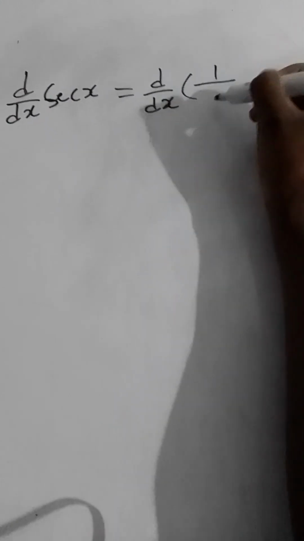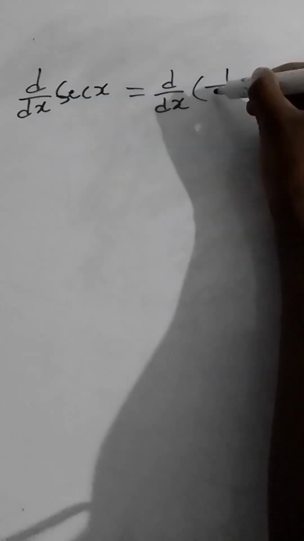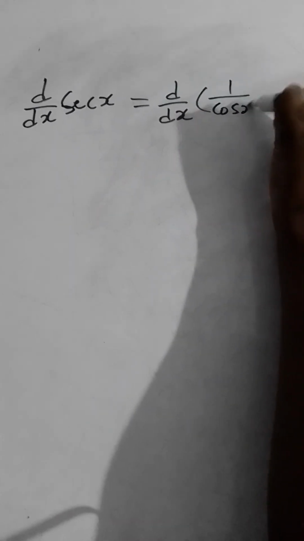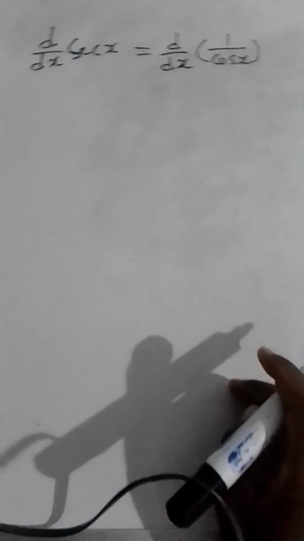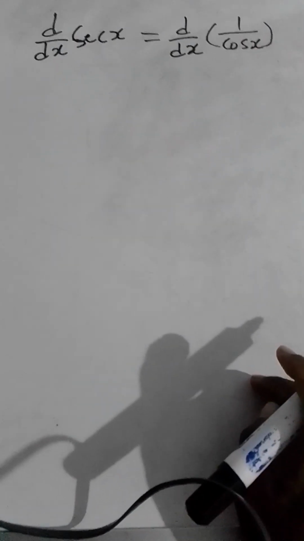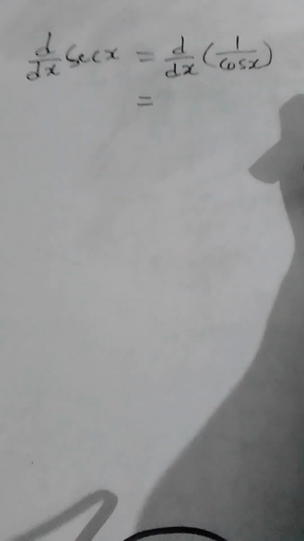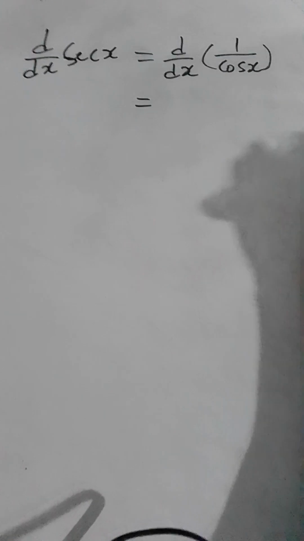If you remember reciprocal identities from grade 10, sec is 1 over cos x. Of course, if you are doing the CAPS curriculum right now, we don't really do reciprocal identities, but this is for those who know reciprocal identities. But if you're doing first year, second year, this should be something you've done. The reciprocal identities in South Africa. If you're in another country, you probably have done this in grade 12.